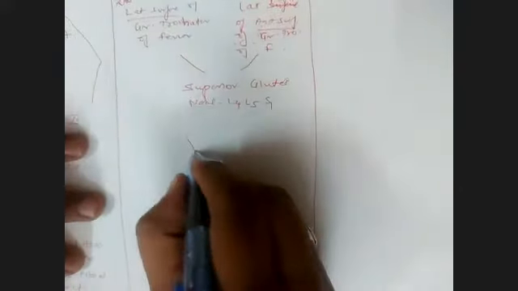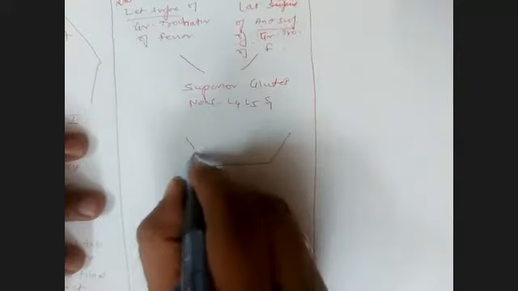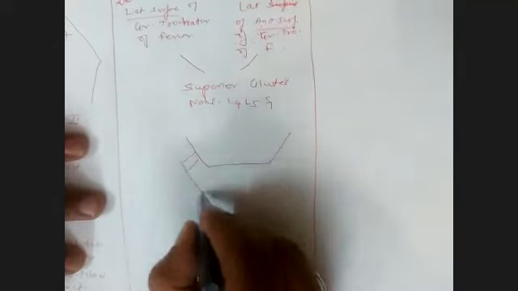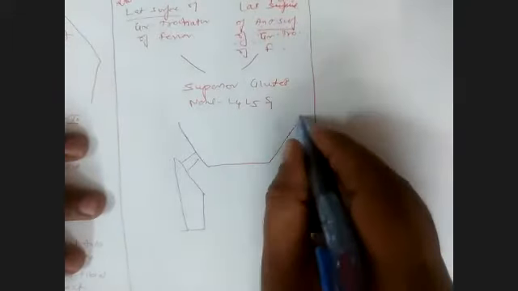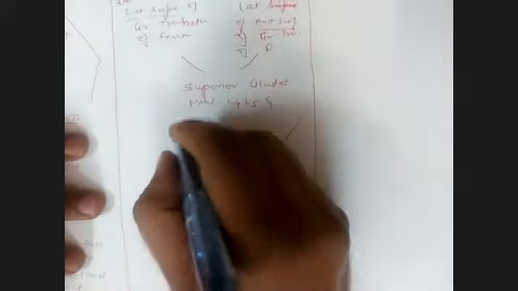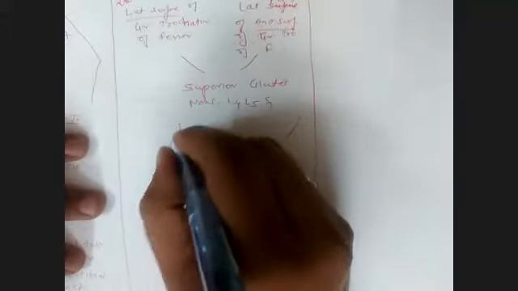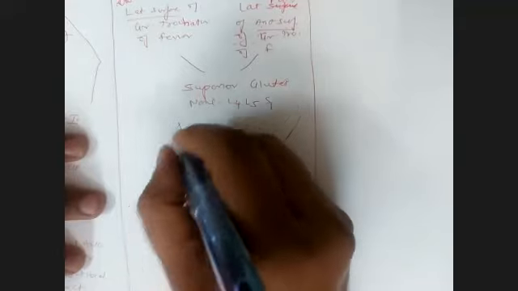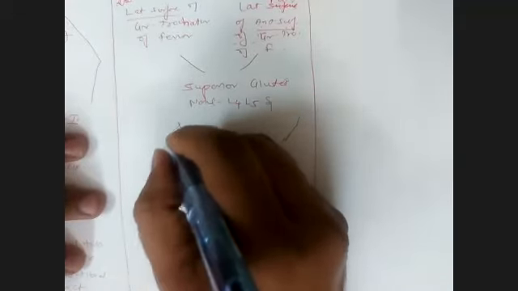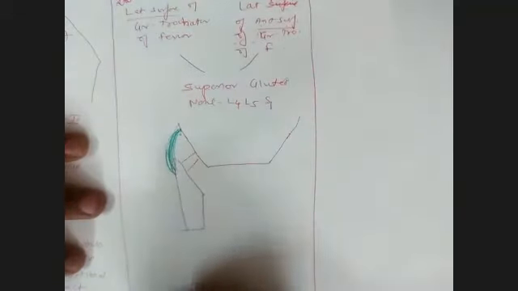Now suppose this is the pelvis, this is the femur, and this is the greater trochanter. The gluteus medius and minimus together go like this and get inserted on the lateral surface and the lateral part of the anterior surface.